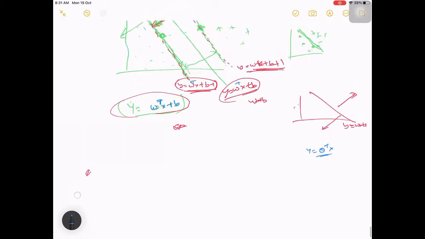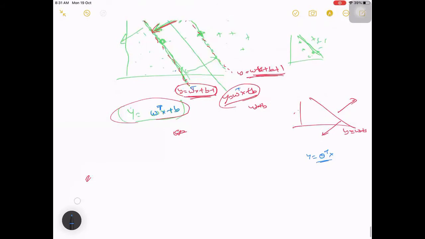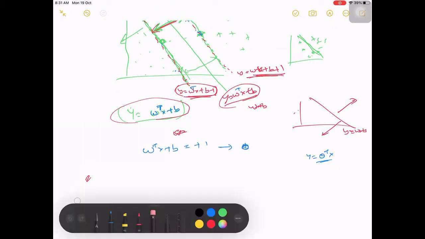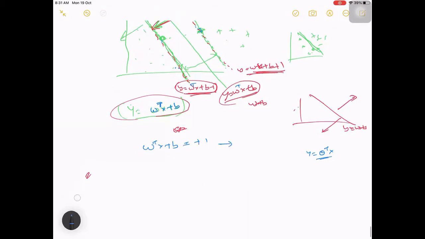Let's call this the positive, or class one, support vector, and similarly this is your class two support vector. So wx plus b equal to plus one is the support vector for class one.